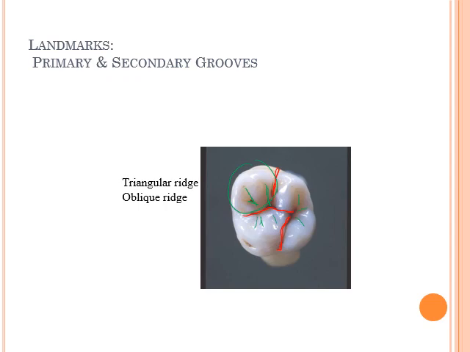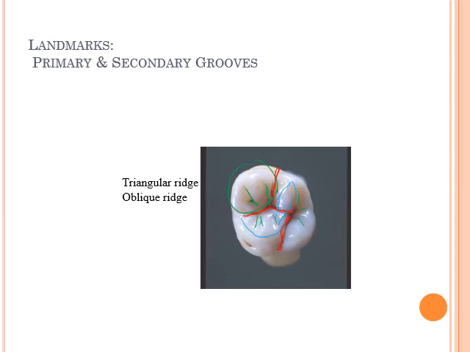Okay. Now if you also notice on this tooth, it has triangular ridges and ridges that cross the tooth as well. But instead of calling that a transverse ridge, on a maxillary molar where they cross obliquely, we call this an oblique ridge.